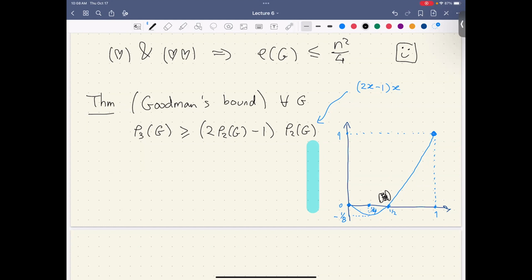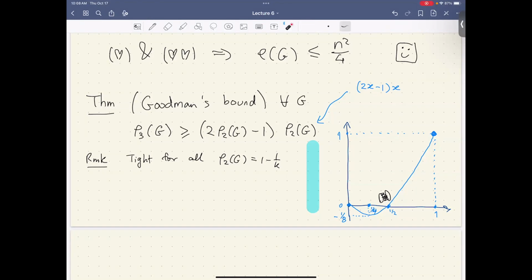The first thing I should comment on is how good Goodman's bound is. Remark: Goodman's bound is tight for all edge density of the form 1 minus 1 over k.